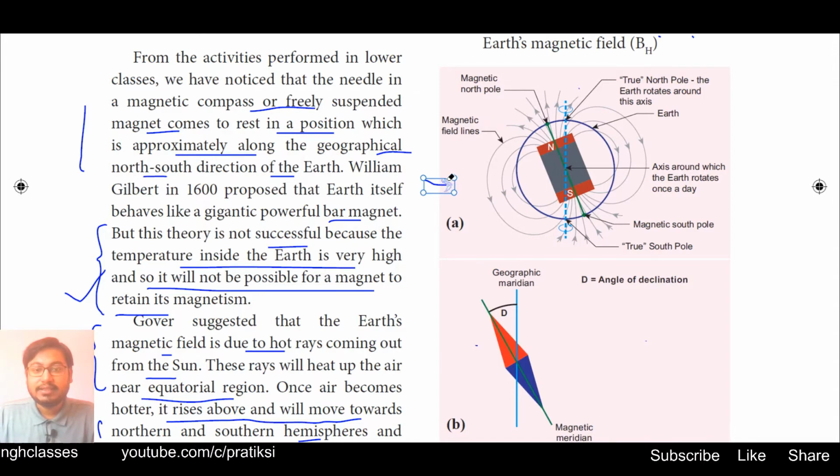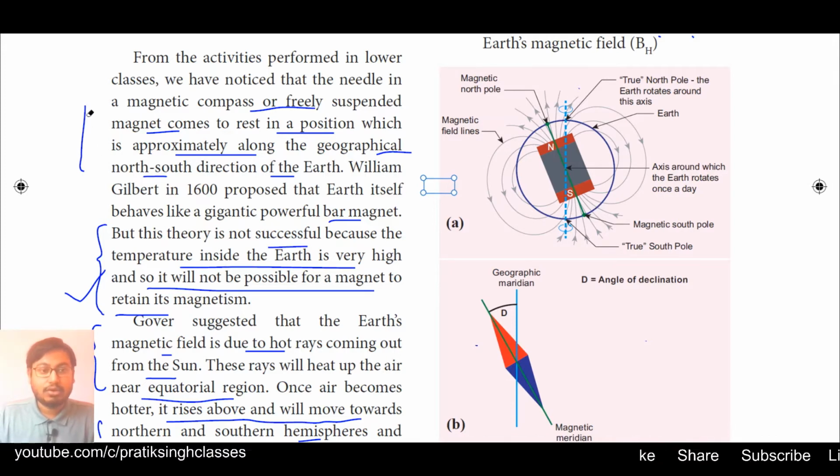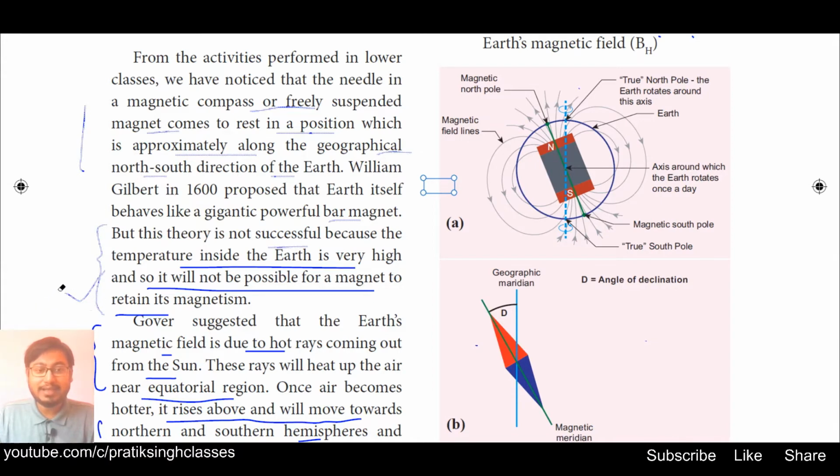These dotted lines which you see, the lines coming out from the north pole and going to the south pole, are the magnetic field lines. Always remember that from a magnet, whether it is a bar magnet, cylindrical magnet, or any kind of shape, the magnetic field lines come from the north pole and go to the south pole outside the magnet, but inside the magnet the field lines go from south to north.